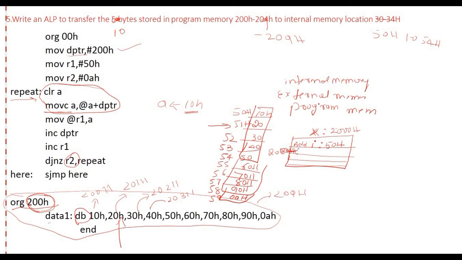If you want to access the data in the program memory, we have to type C, which represents the code memory, and then where you want to check the data, that is 200H. So this is how we can see the output in the memory window.